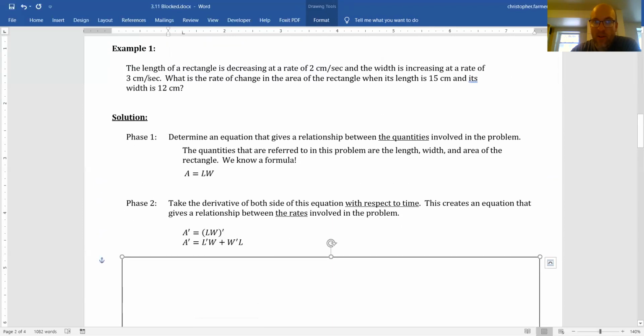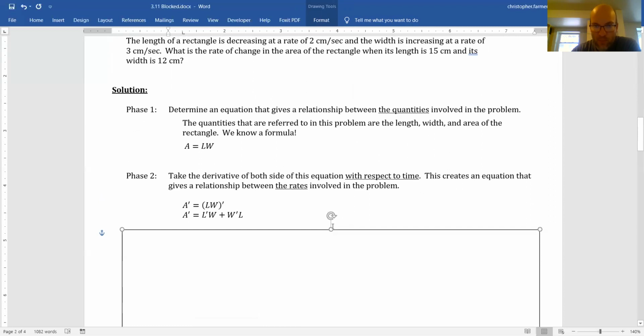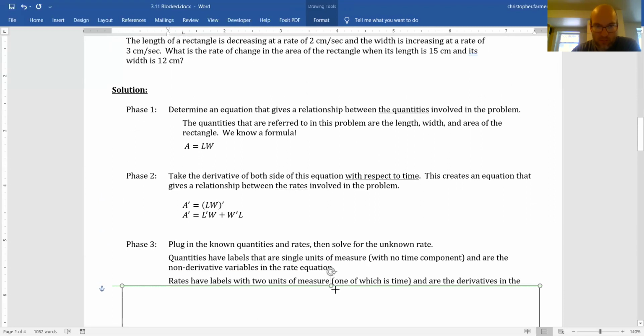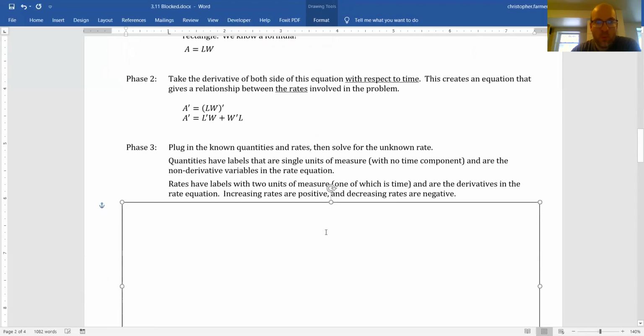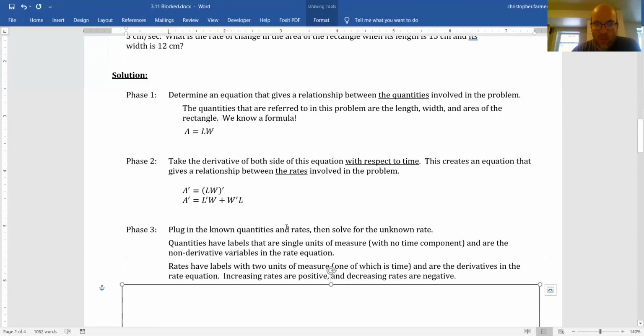Rates are derivatives, right? Derivatives are rates of change. So if you have a rate, those are derivatives. If you have just a given quantity, whether it's a length or something else, that is just your normal variable. So all we have to do at this point, and I guess I broke it down under here, so I'll bring it down, is we're just plugging in the information that we're given in the problem.